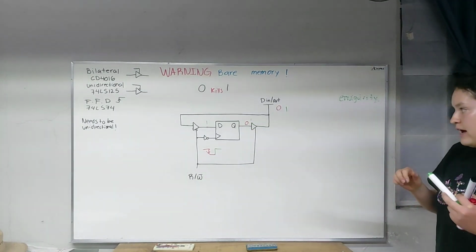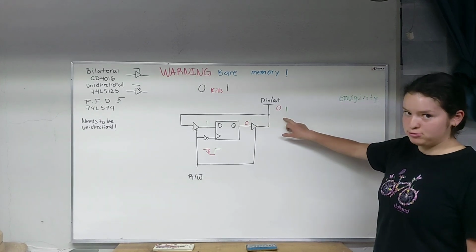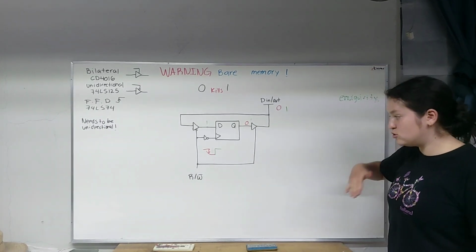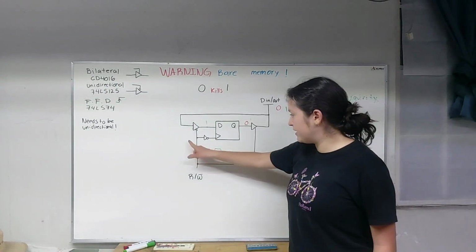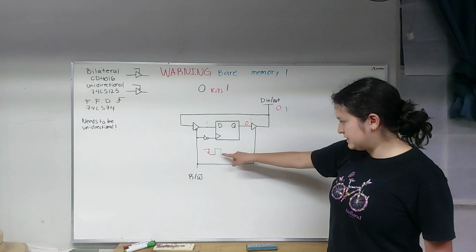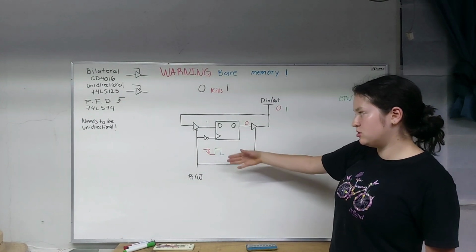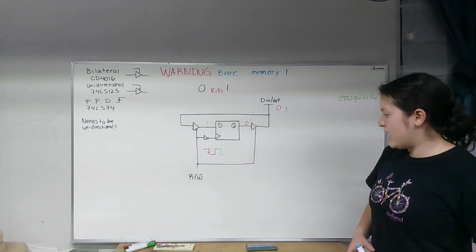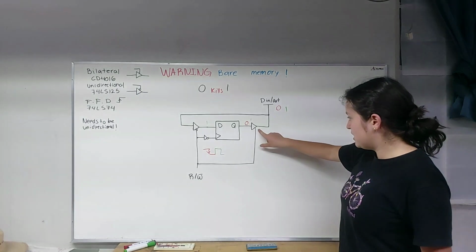It stays here in Q. Now is when I read what I just wrote. Now I'm reading. I have here a 1, the clock sees a 0, so it goes from 1 to 0. It's a negative edge, so my flip-flop will not obey me. And here is a 1, so this gate is activated.